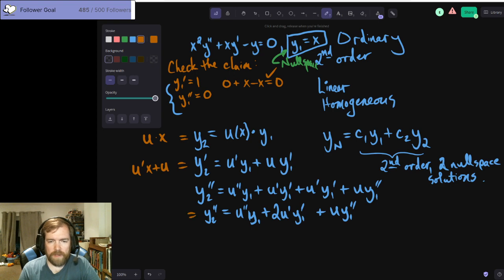And then again, y2 double prime, we're going to get u double prime x plus 2u prime times 1, and then plus 0.